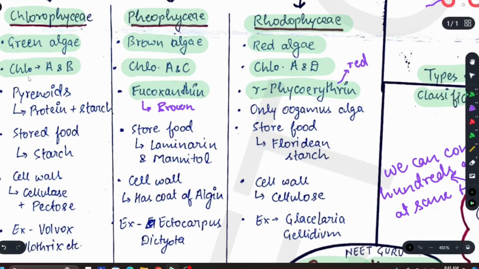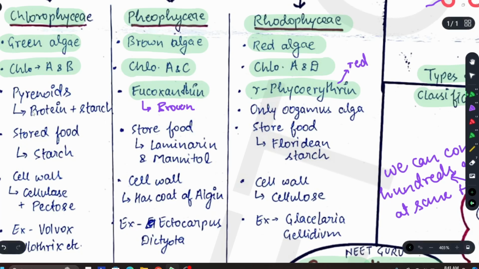So in Chlorophyceae, chlorophyll is green, that is why Chlorophyceae is green algae. In Phaeophyceae we have fucoxanthin, that's why it's brown algae. And in Rhodophyceae we have R-phycoerythrin, which is why it is red.